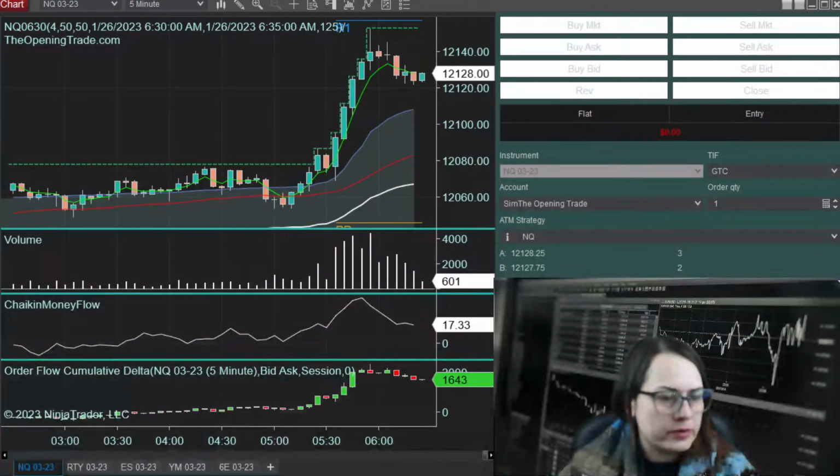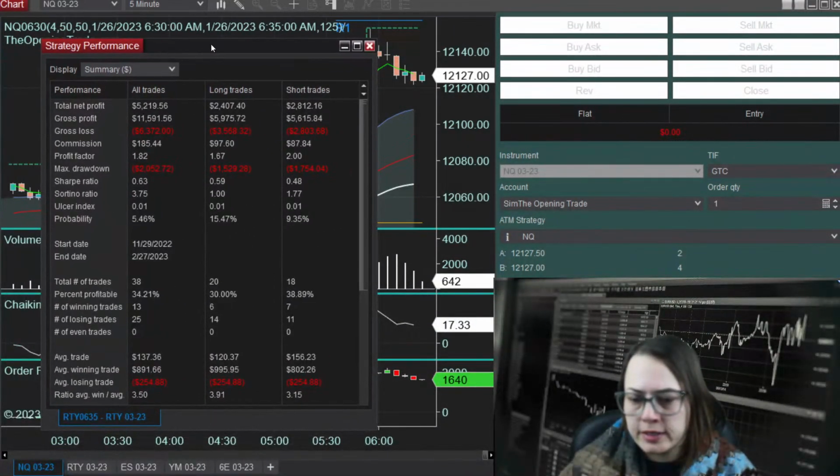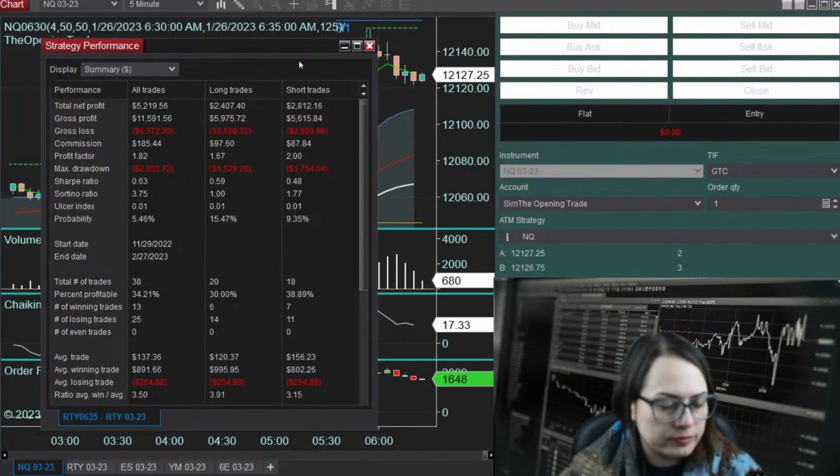The next one is for the Russell 2000 futures. These first two, the NASDAQ and the Russell, will be the first two to trade right at the open if the parameters are met. So here's our 90-day date range, our max drawdown, our gross loss, our gross profit, and the total net profit.